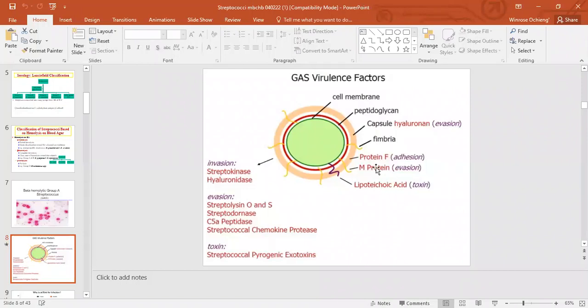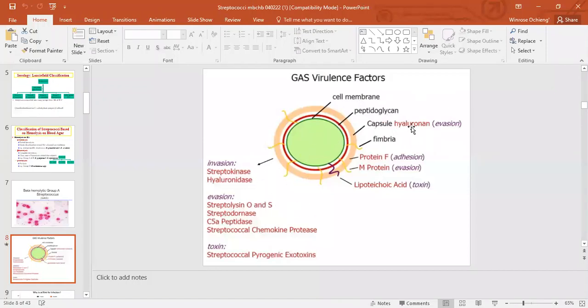When you were doing bacterial genetics and transformation, there was a scientist called Griffith. He showed us that dead bacteria can transfer DNA to a live bacteria, and it is able to acquire virulence. So all these are the virulence factors that most of the species under this genus use.